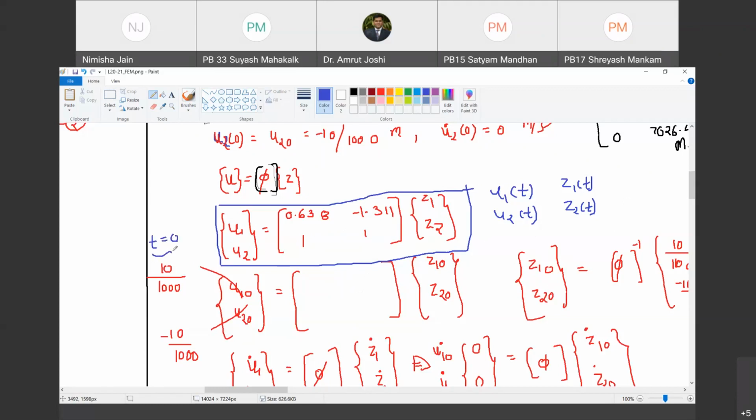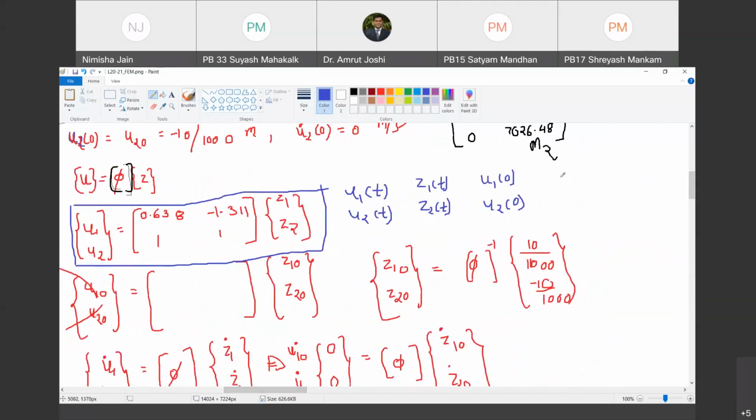Now, let me select time instant t equal to 0. If I select time instant t equal to 0, is this equation still valid? Yes, it is valid. So I have u1 of 0 and u2 of 0, and that is going to be related with z1 of 0 and z2 of 0.